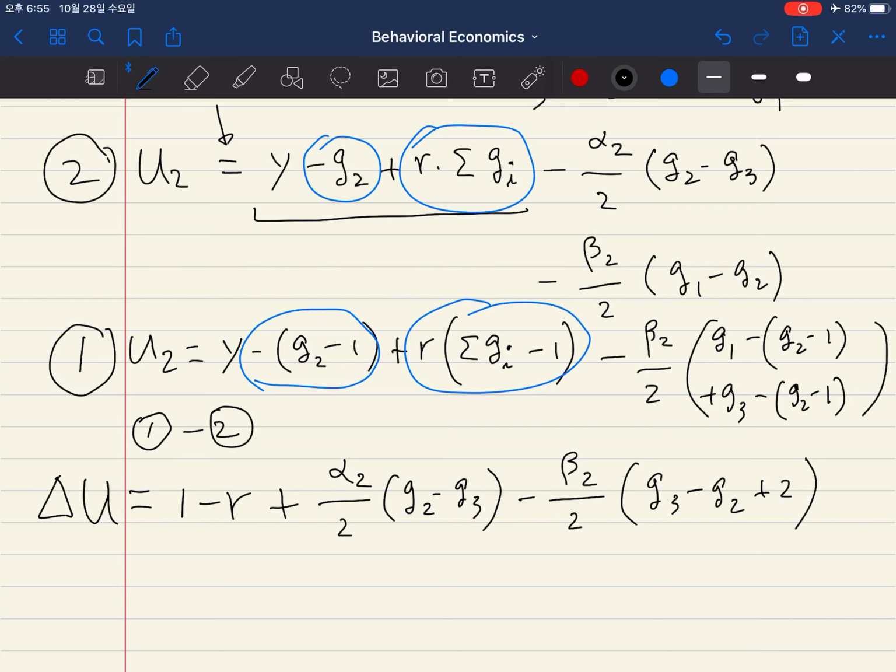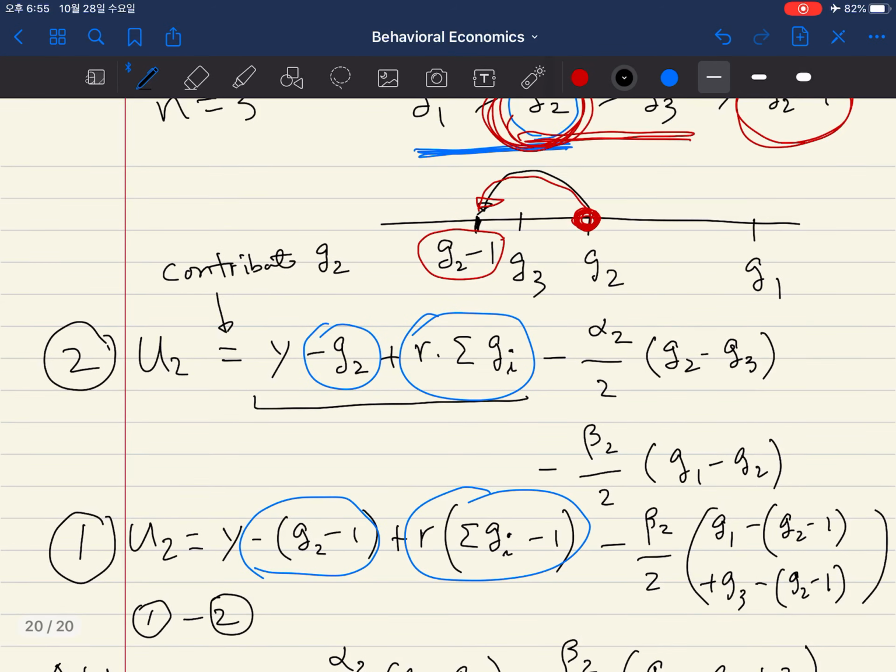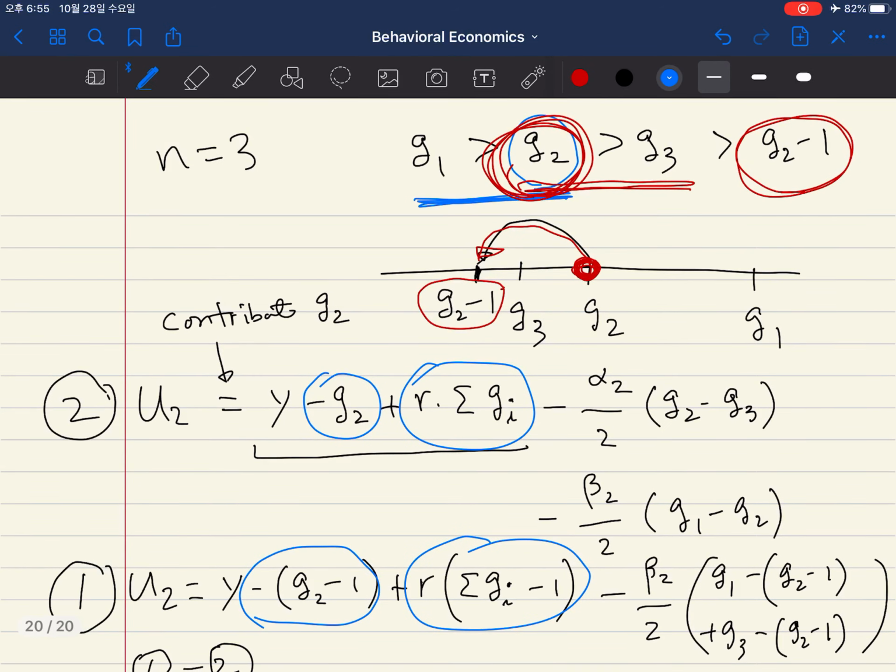If you look at this green segment, the length of this green segment is equal to 1.